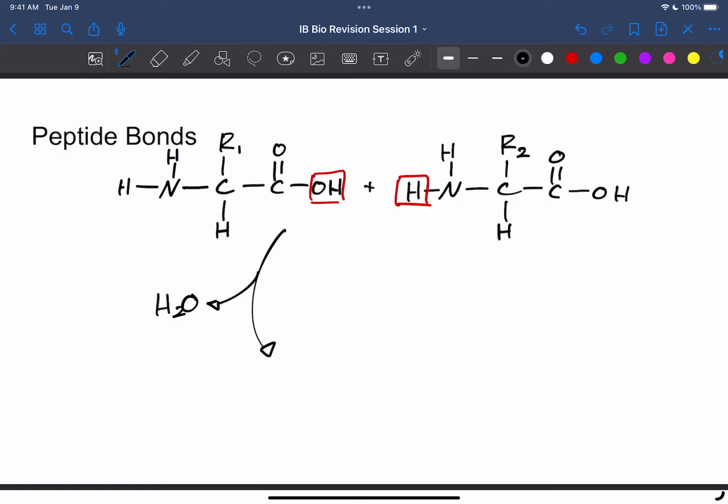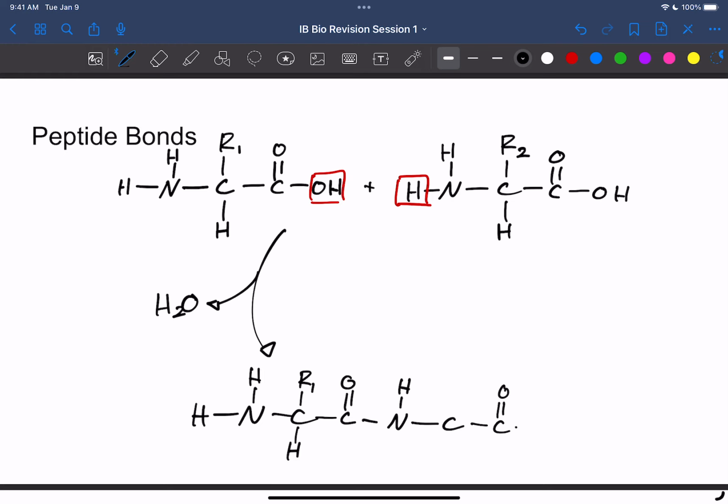And here's what we're going to have now. This is going to be a dipeptide.